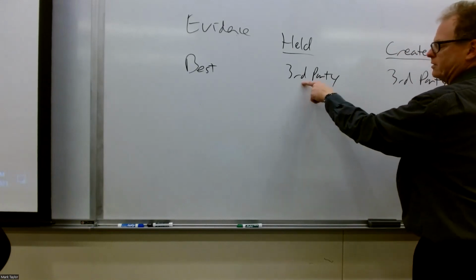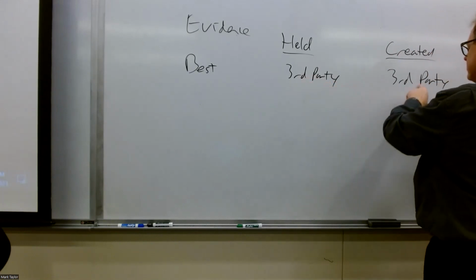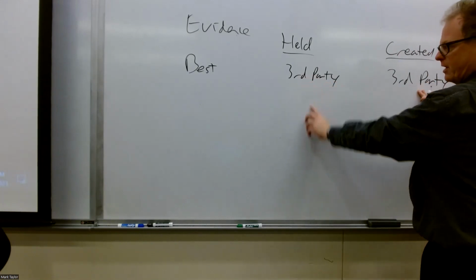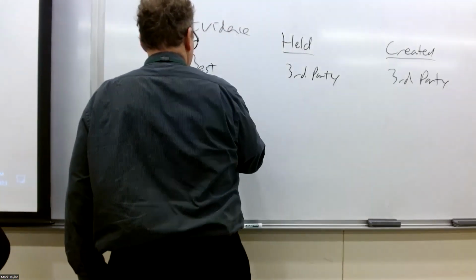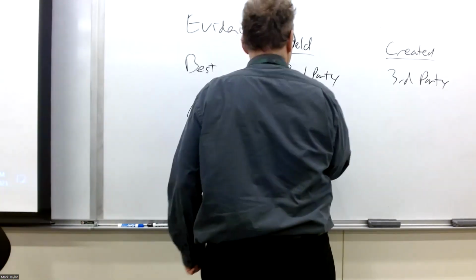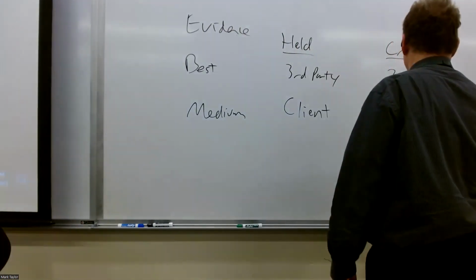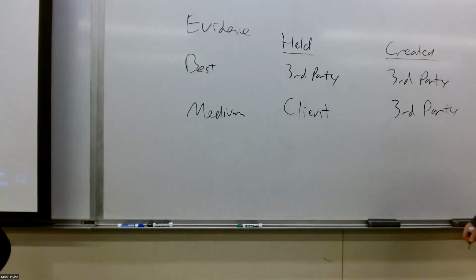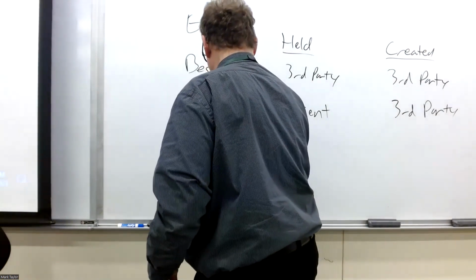It could be something like a lawyer. The client's lawyer gives us a letter held by the third party, and it's sent directly to us. The medium evidence is held by the client and created by a third party. And to fill us out, let me give you the worst evidence.